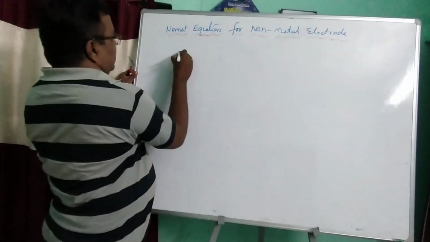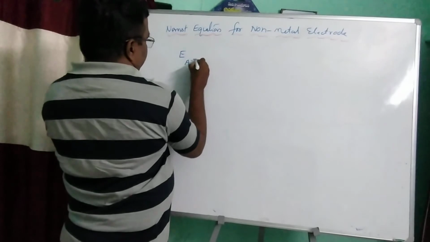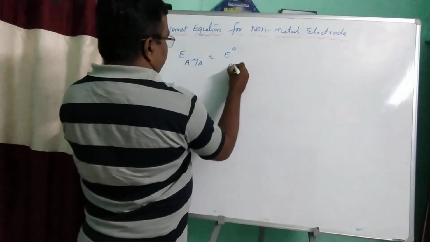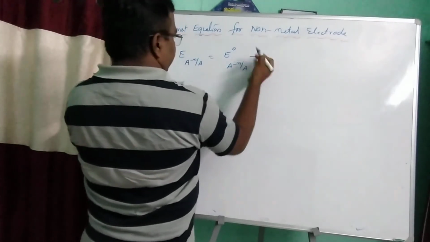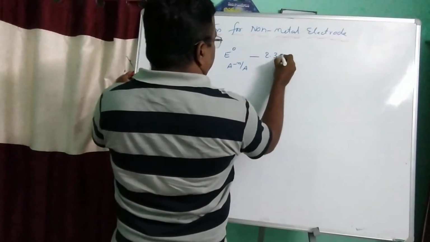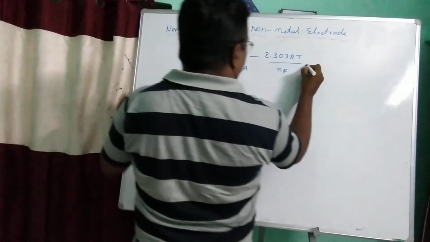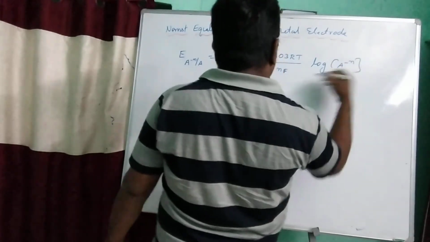That is E of A minus n or A is equal to E0 of A minus n or A minus 2.303 RT by NF log of A power minus n.